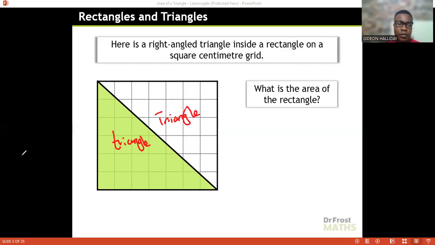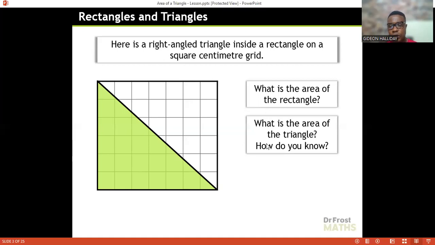Now, if you're a math thinker, you know already what the area of a triangle is just by doing this. So what's the area of this rectangle first? If you like to count: one, two, three, four, five, six, seven. So here is seven, and one, two, three, four, five, six. Here is six, so seven times six gives you 42, right?